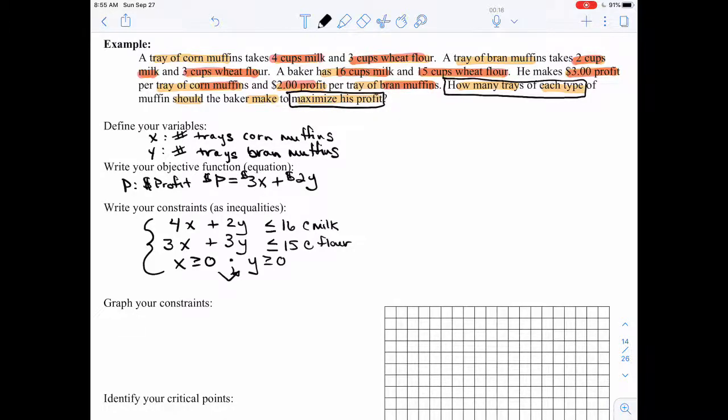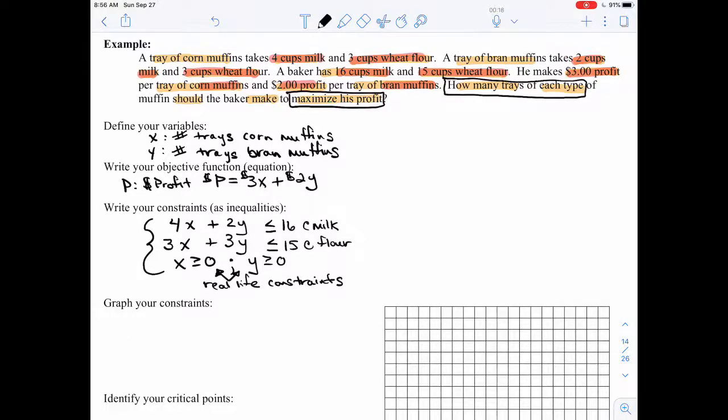These 2 add-ons are called real-life constraints. If they do not tell us we have to make at least a certain amount of muffins of each type, we will always add greater than or equal to 0 for both of those quantities.